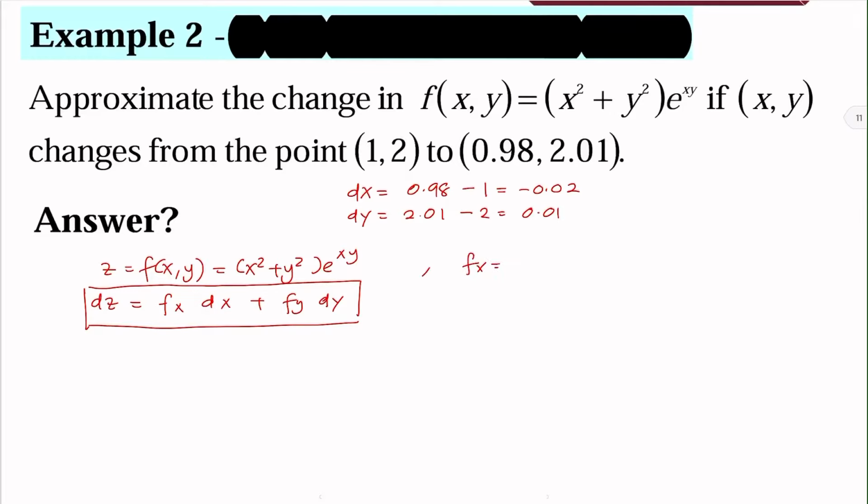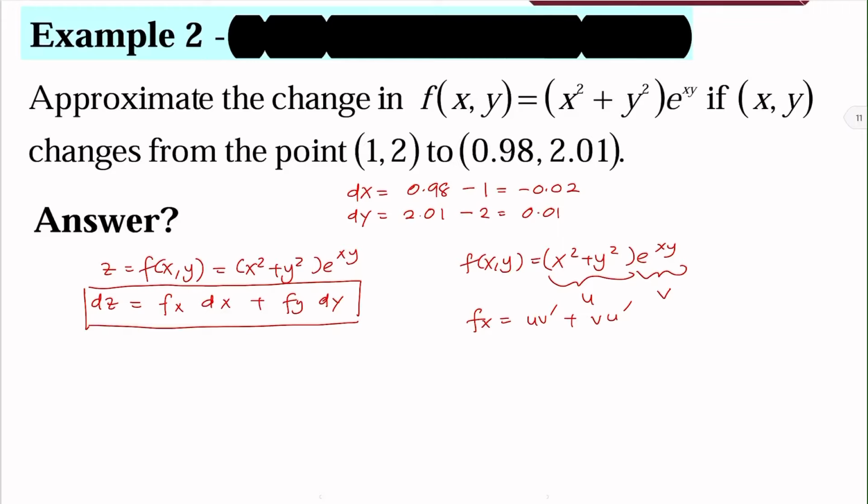So from here, f_x is given by, for this case we need to consider y as a constant. So this one is a product rule. So f(x,y) is equal to x squared plus y squared times e^(xy). This is our u, this is our v, so our f_x becomes u v prime plus v u prime.